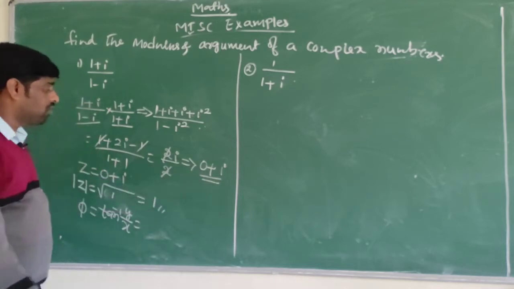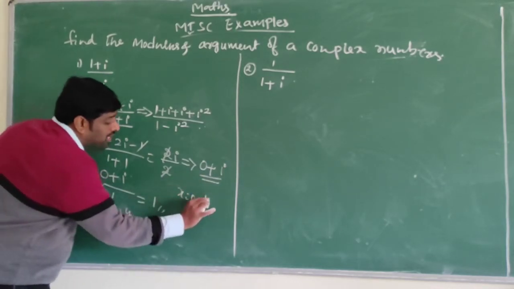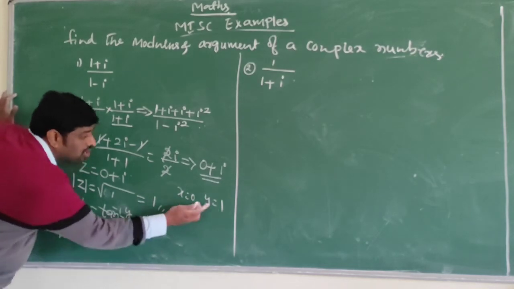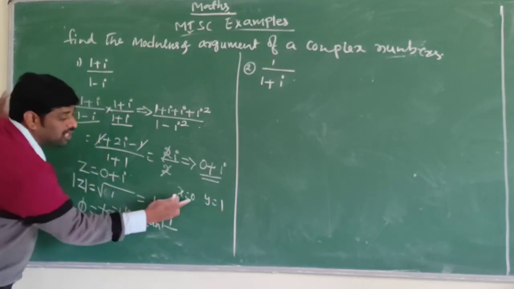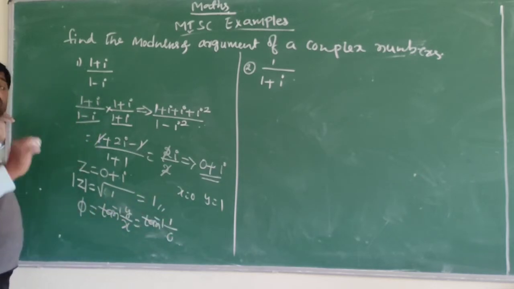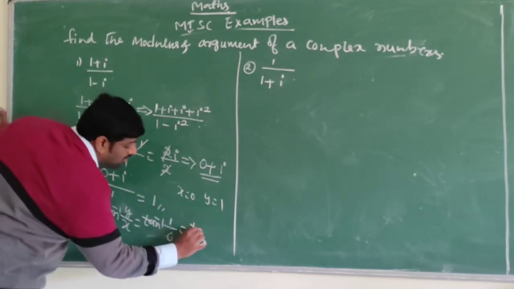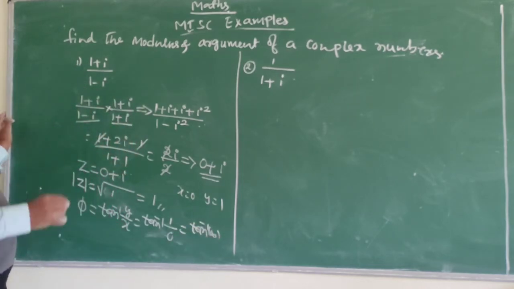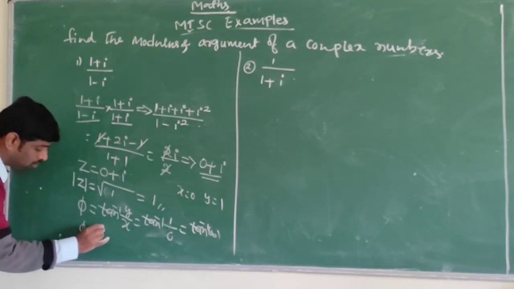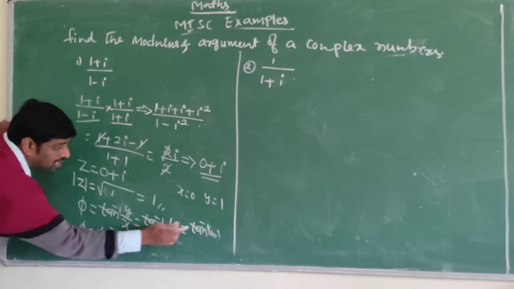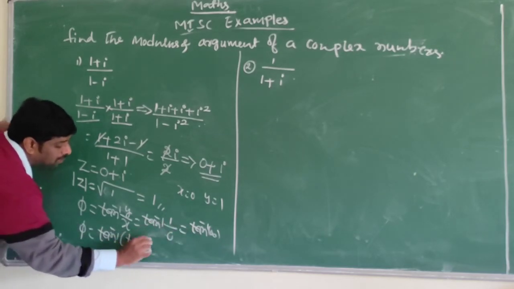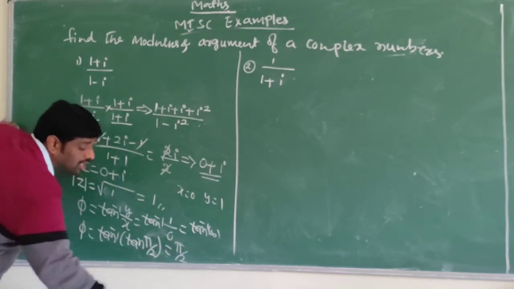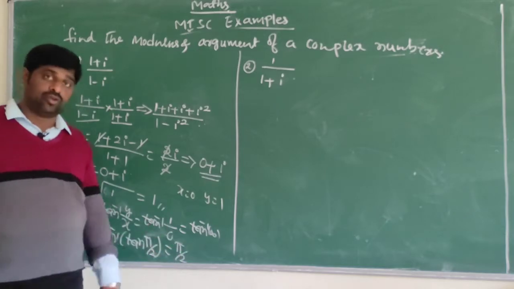So x is equal to 0, y is equal to 1, that is tan inverse of y, which is 1, by x, which is 0. 1 by 0 is infinity, so that is tan inverse infinity. Tan inverse infinity means pi by 2. So now the argument is pi by 2.